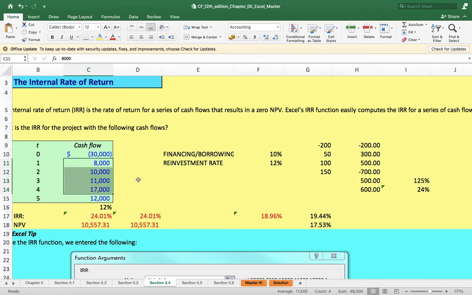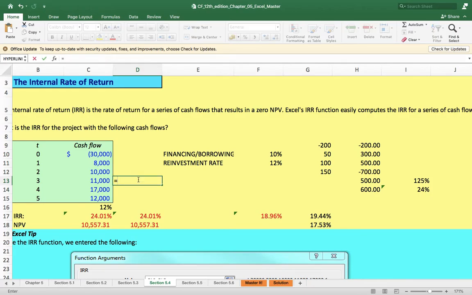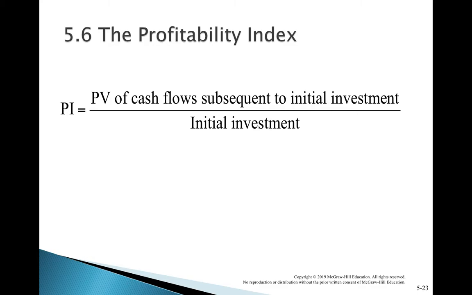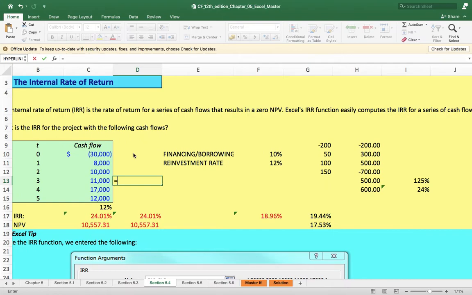So what will be the profitability index? Profitability index is equal to the present value of cash flows subsequent to the initial investment. Here, 12% is your cutoff rate, and all the cash inflows and outflows subsequent to the initial cash investment.